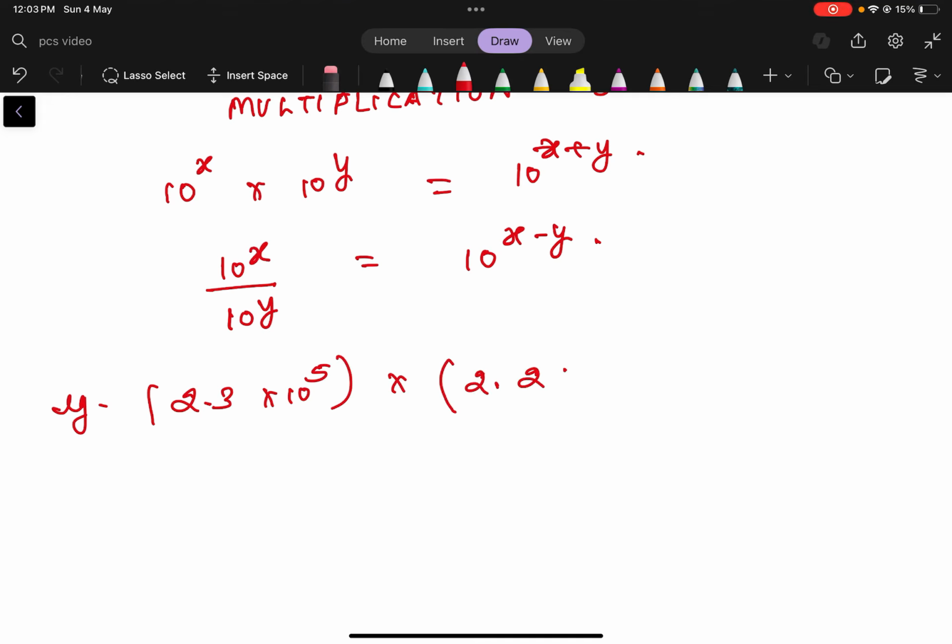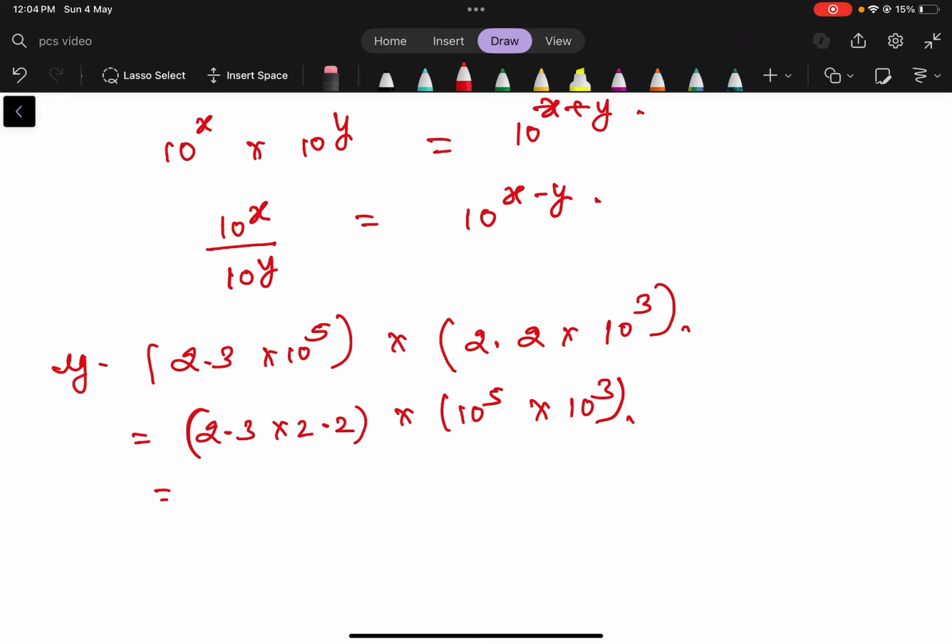So how will we multiply? It will be 2.3 into 2.2 into 10 to the power 5 into 10 to the power 3. So the answer will be 2.3 into 2.2 into 10 to the power 8.